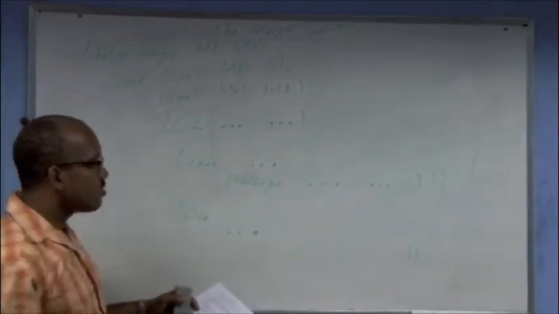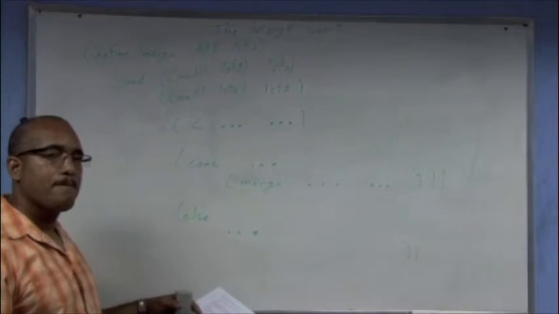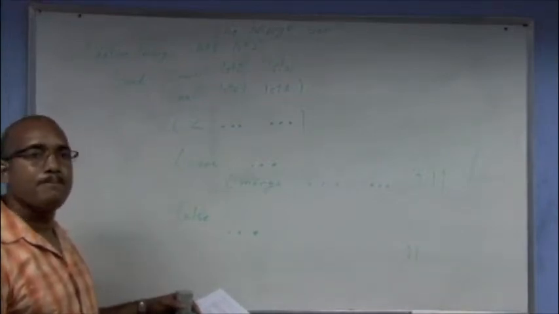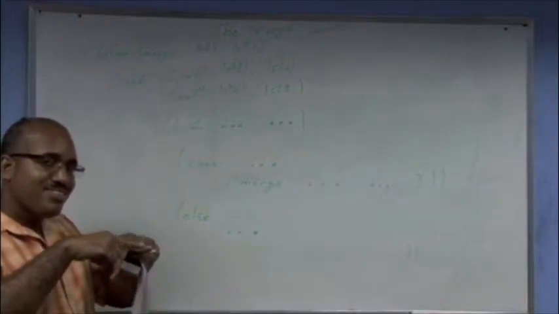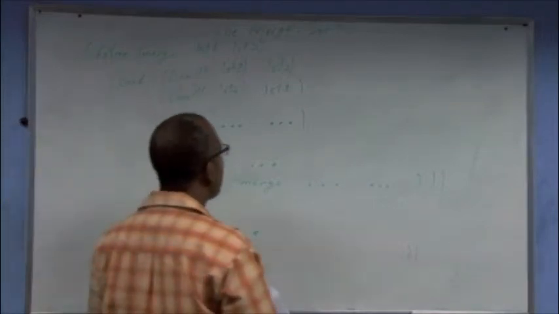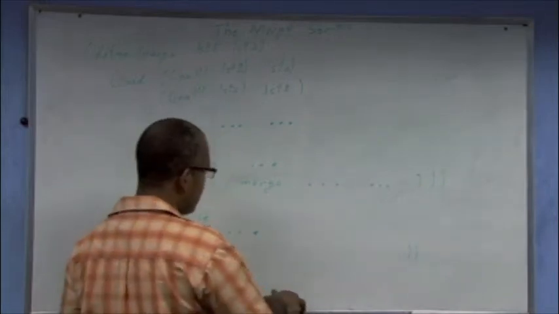So for the rest of the cases, we know that there's data in both lists, so we need to compare something. What do we compare? We're going to compare parts of it. Which parts? The first item in each list, right? So we get the first item by using which function?